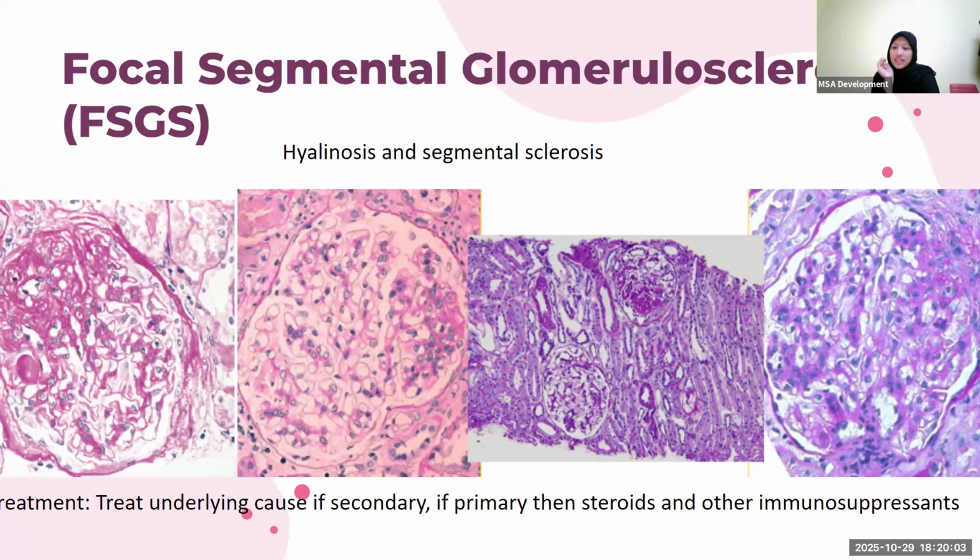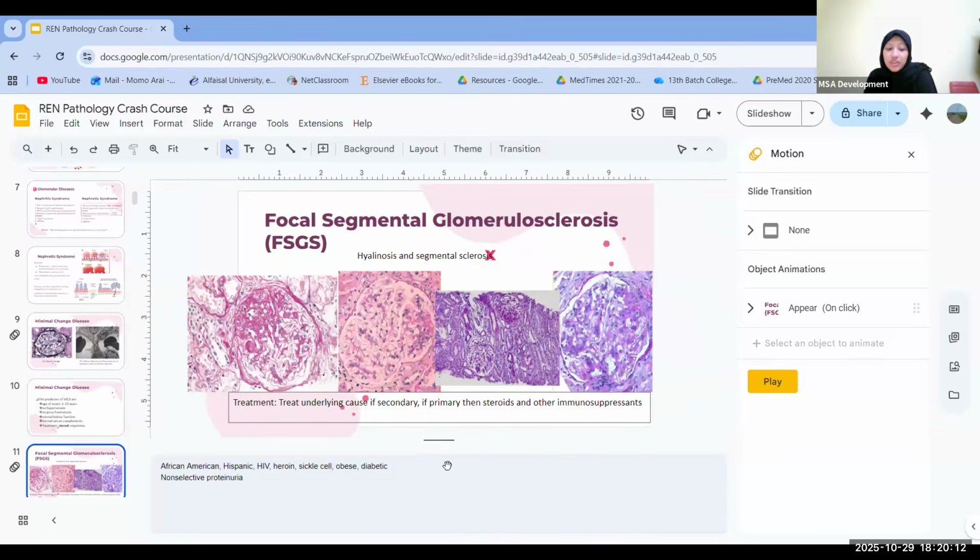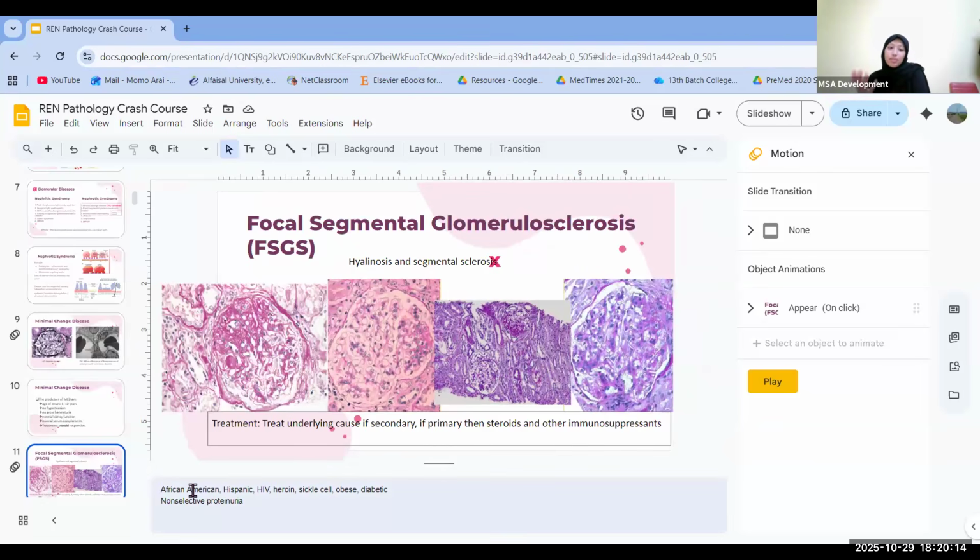Now, some important things to know, and I wrote them here in the notes. It's very important to know this because they could present this way in the question stem. They would come with all the symptoms of nephrotic syndrome, and they're adults, right? What increases the risk of having FSGS are things such as ethnicity.